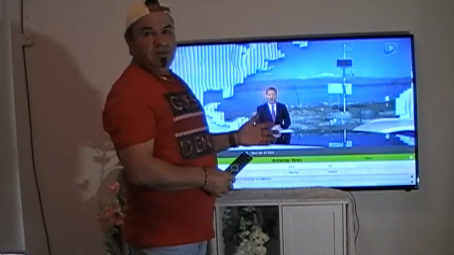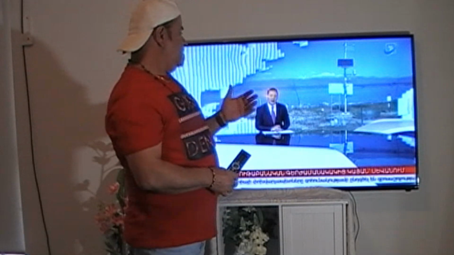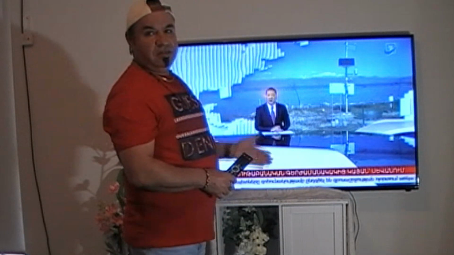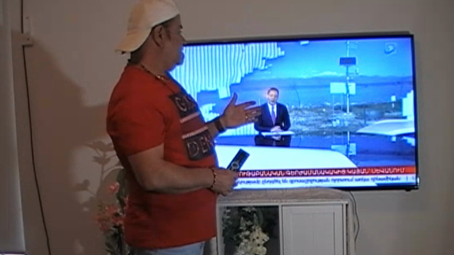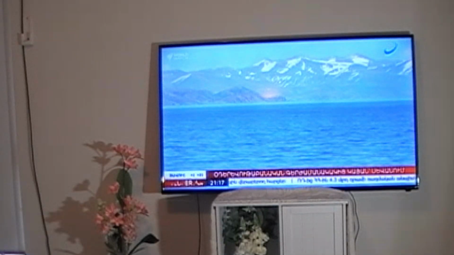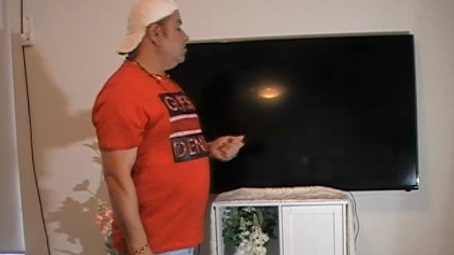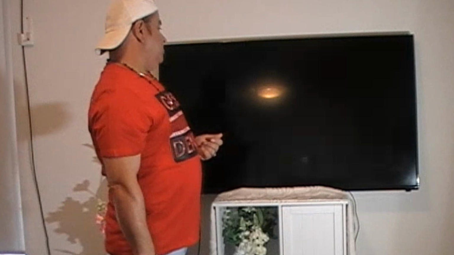But after a few minutes or so, the screen and the picture disappear again. So there we go, the picture goes black again. This is the fault of the TV.